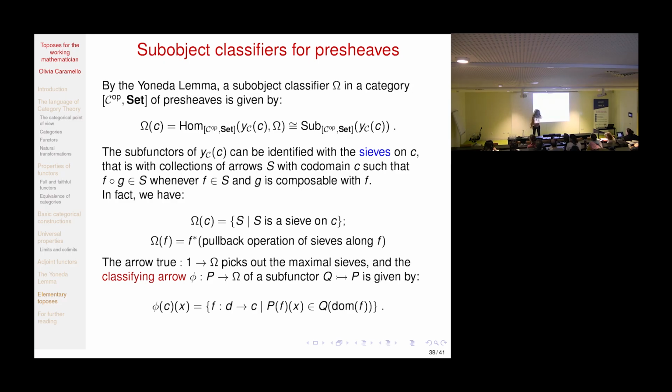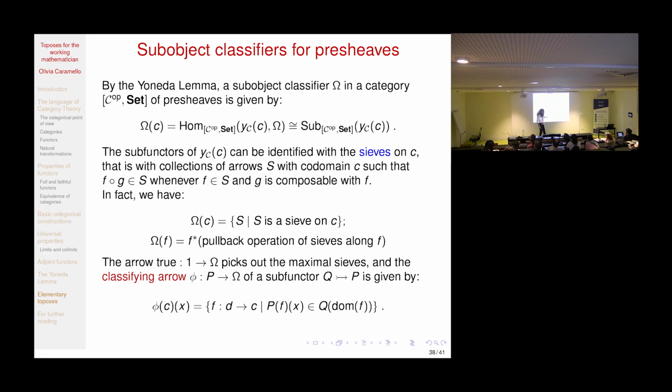This formula is actually very interesting because it tells you that if you pick an element x of P, what you have to do is to consider its behavior with respect to Q, not just at the level where x lies, because x lies at level C. You have to consider what happens when you move from C to any other object related to it.